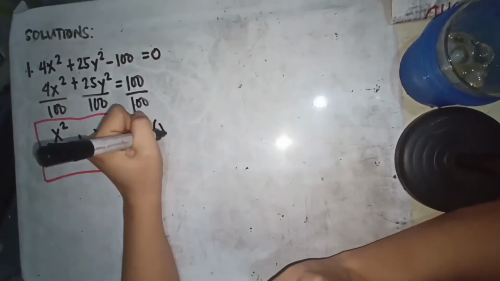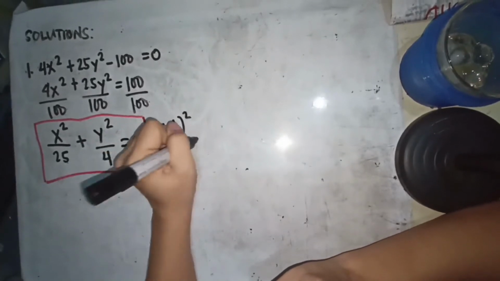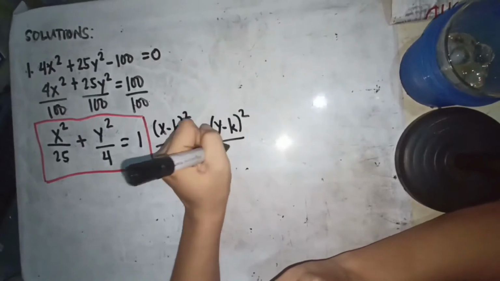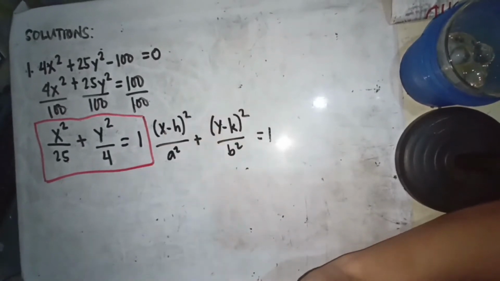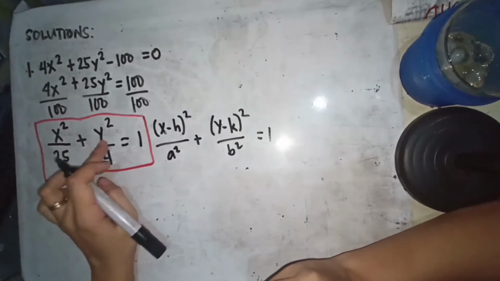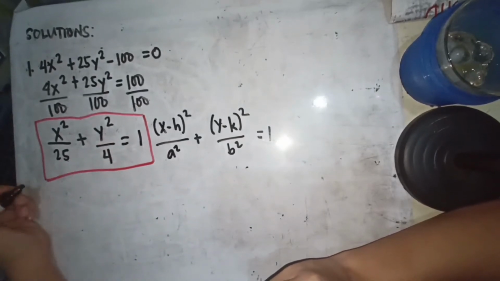We have x minus h squared over a squared plus y minus k squared over b squared that is equals to 1. Since we don't see any minus h and minus k here, automatically the center will be located at the origin.